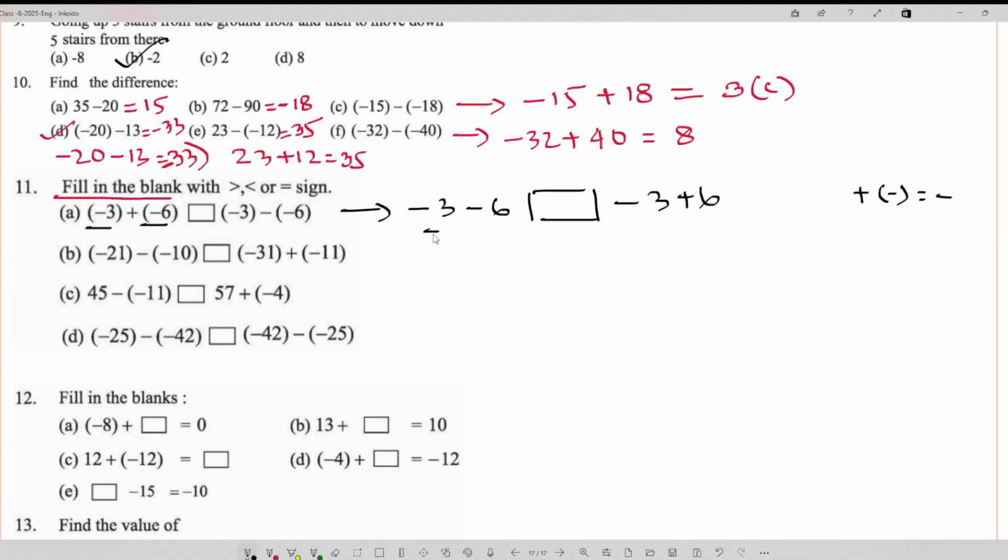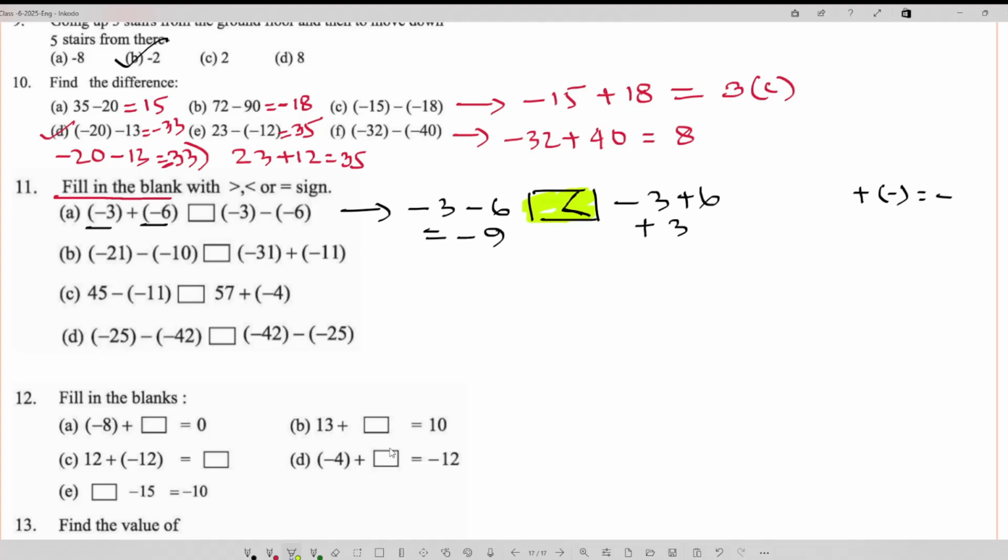This one becomes minus 9, and this one becomes plus 3. Which one is bigger? Any plus number is bigger than any minus number. Therefore plus 3 is greater. So we make the sign like this.